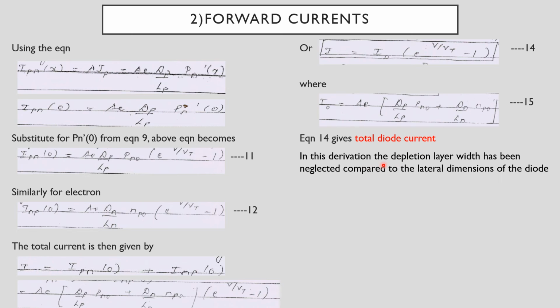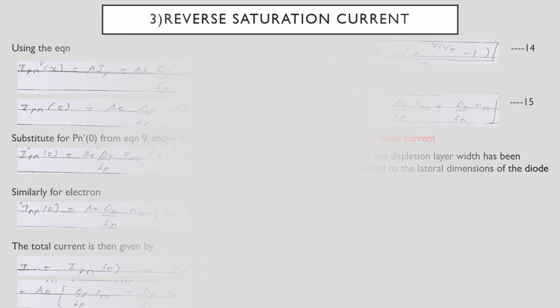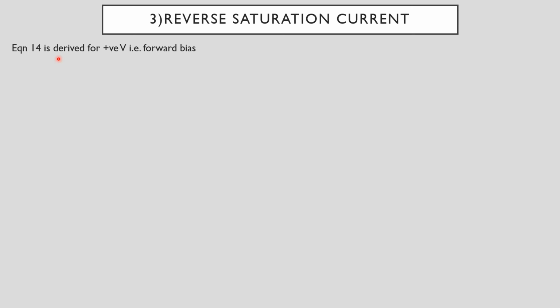In this derivation, the depletion layer width has been neglected compared to the lateral dimensions of the diode. We'll see now the reverse saturation current. Equation 14 was derived for positive voltage, that is for forward bias.